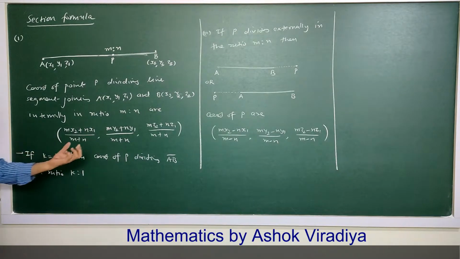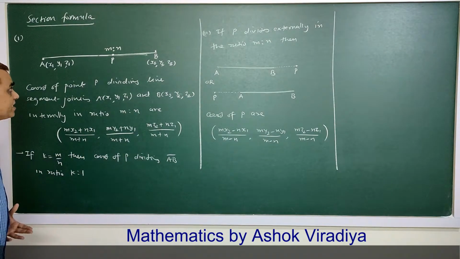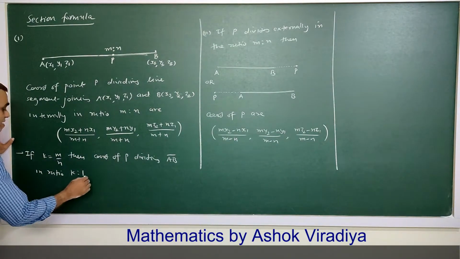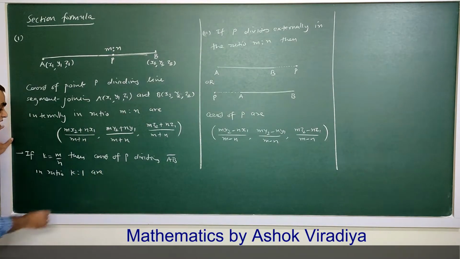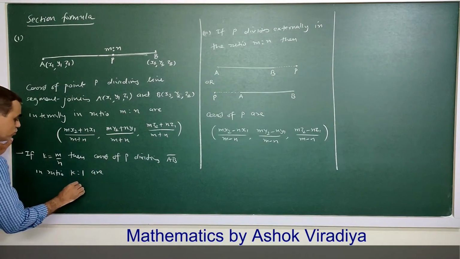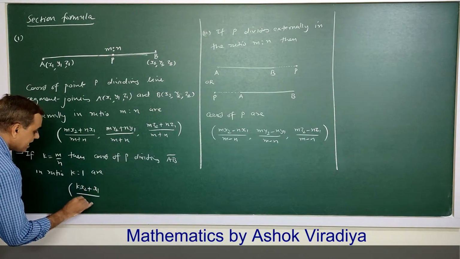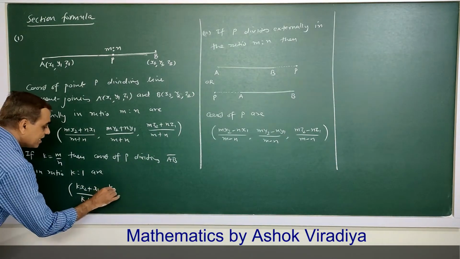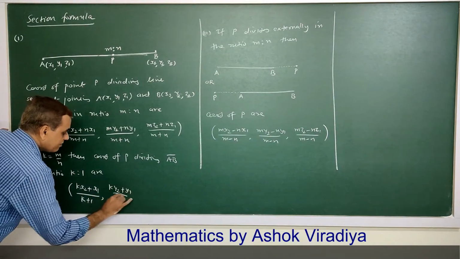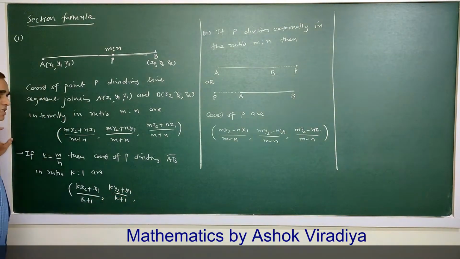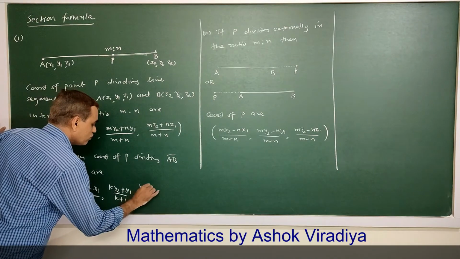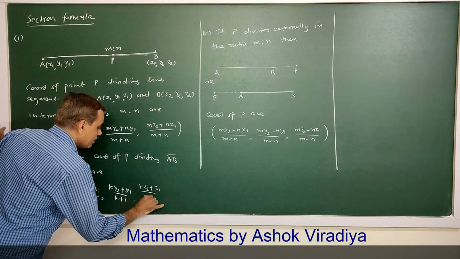So coordinates of P dividing AB in ratio k is to 1 are kx2 plus x1 upon k plus 1, ky2 plus y1 upon k plus 1, kz2 plus z1 upon k plus 1.